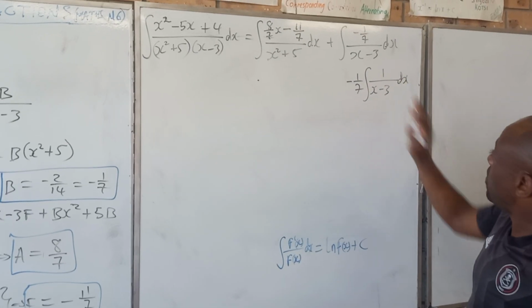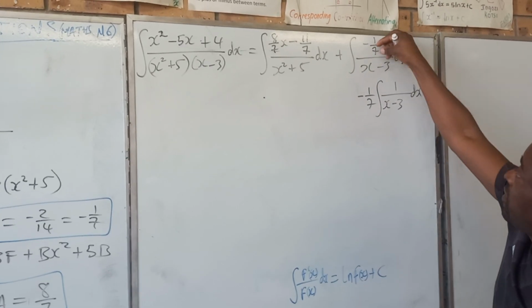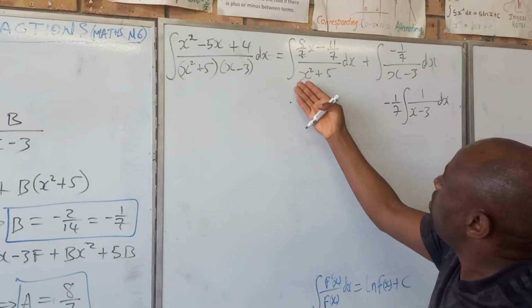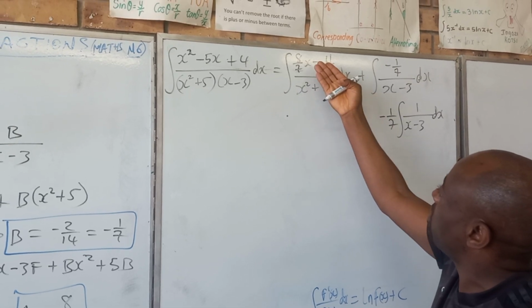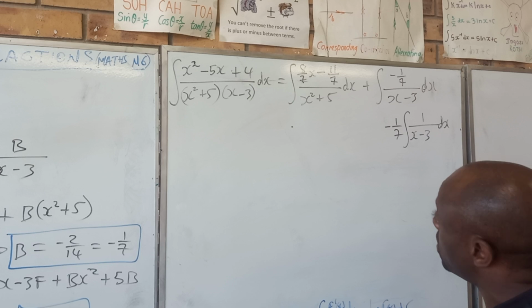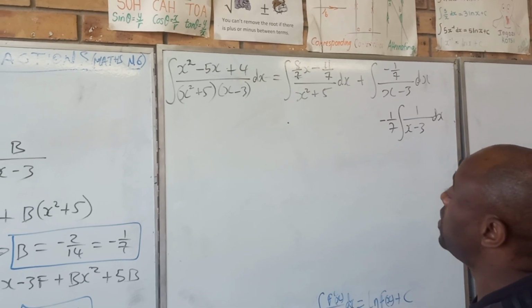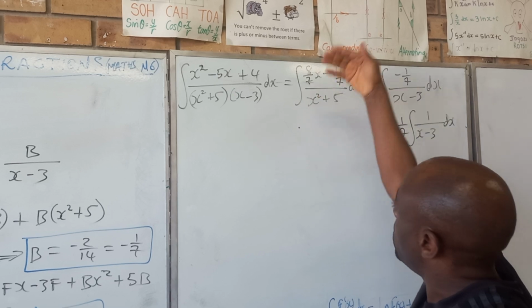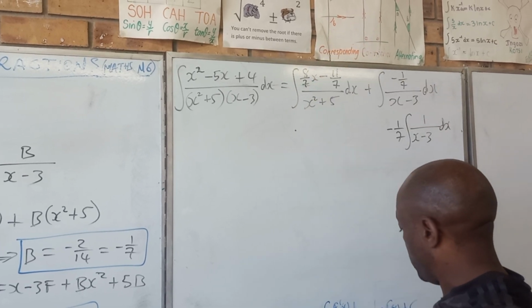So this formula is a perfect match for that one after I've taken out the constant. But if I go here, the derivative of x squared plus 5 is supposed to be 2x. So when you see that, the item there is not 2x. So in this situation where you are dealing with a partial fraction that has a quadratic there and the derivative is not matching, if that was 2x, then it would be a perfect match for this formula.